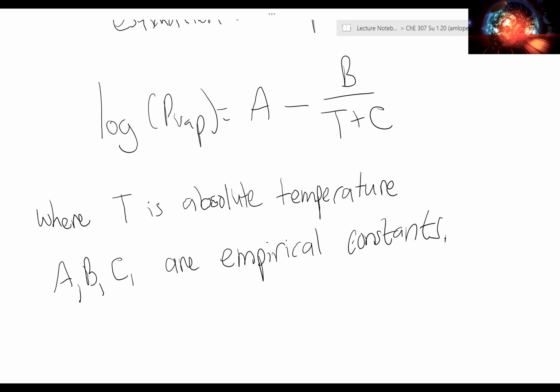And so you always want to make sure that you're using the right constants for the right substance and also for the right temperature range of that substance. But it's really common because it's a nice straightforward way of determining vapor pressures.